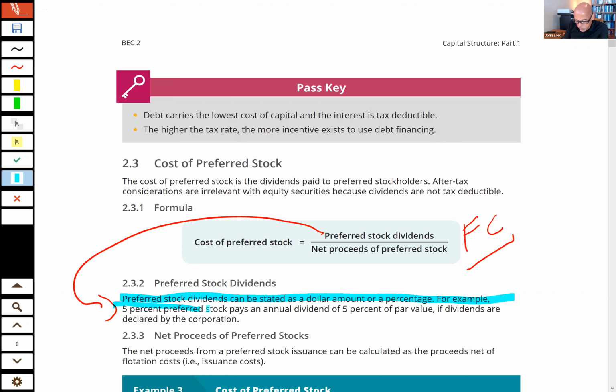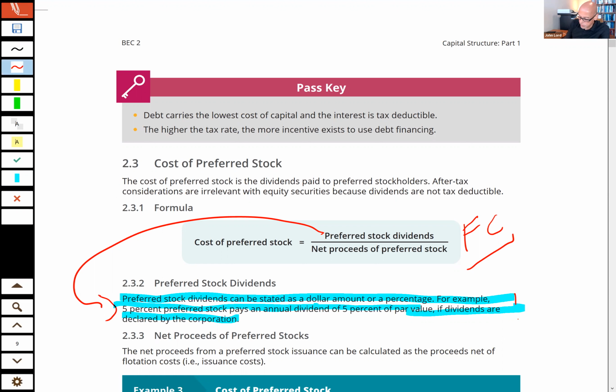For example, a 5% preferred stock dividend pays an annual dividend of 5% on the par value if dividends are declared by the corporation. As you well know, corporations don't have to declare dividends, but you'd have to look at some information in the question that says that they had declared it, and they often declare it as a percent. They may just give you the dollar amount, but they may call it out as a percent, and that percent is applied to the par value. So go ahead and flashcard that.